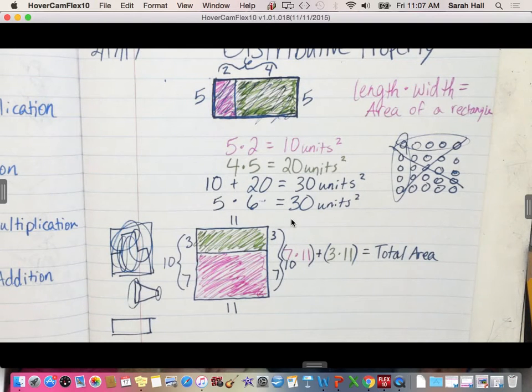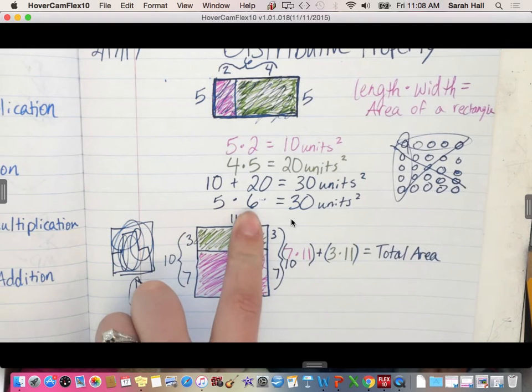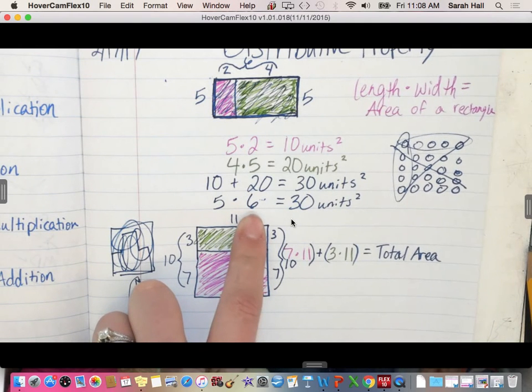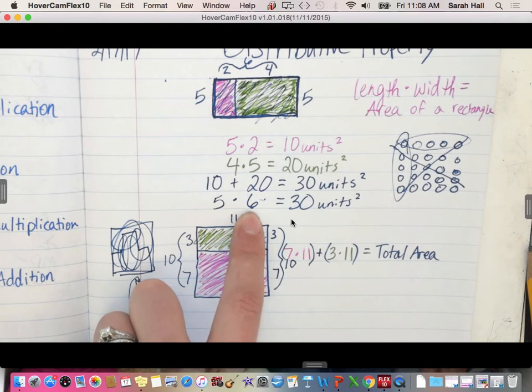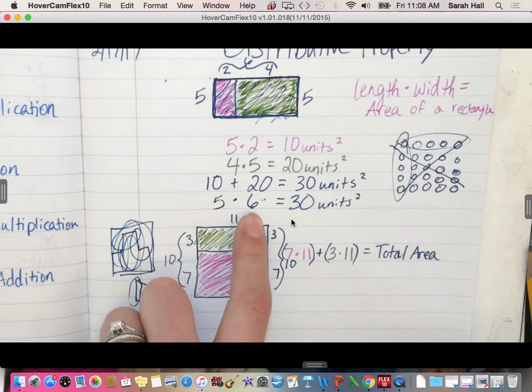What's the other way that I could do this? What was the other way that we did? How did we get this 6 up here? Who gave me that 6? Jose, how did you get that 6 on the problem before? Where did the 6 come from?